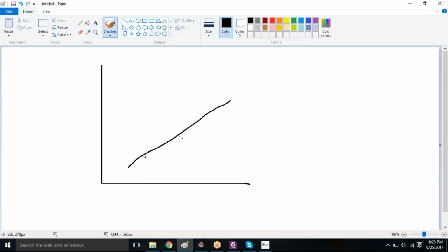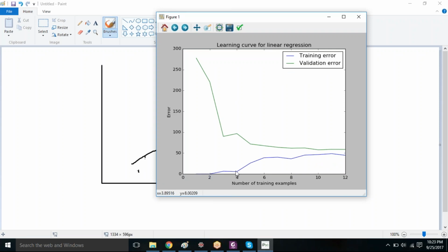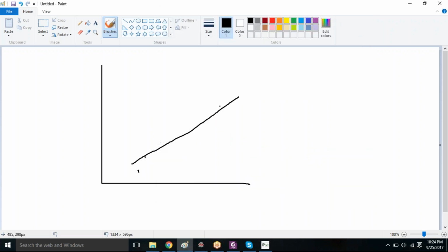But now what you did, you increased the training examples. As you increase the training examples, it was like this. Now when you do this, it is not able to fit it. So a little bit of training error increased. Now when you took six training examples, this was the kind of data which we have seen.